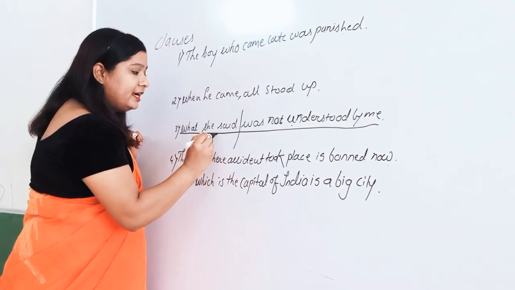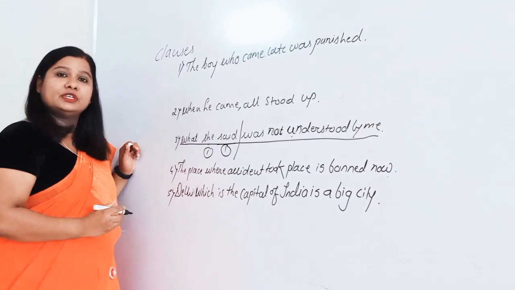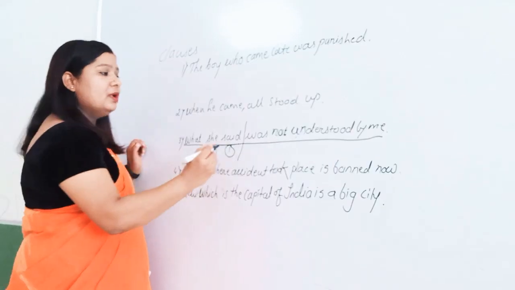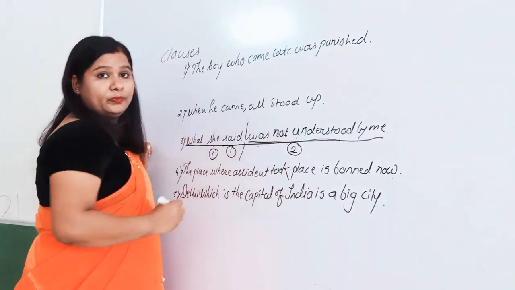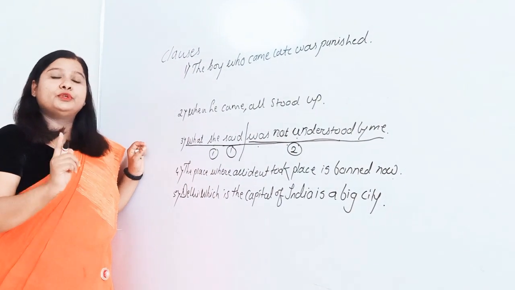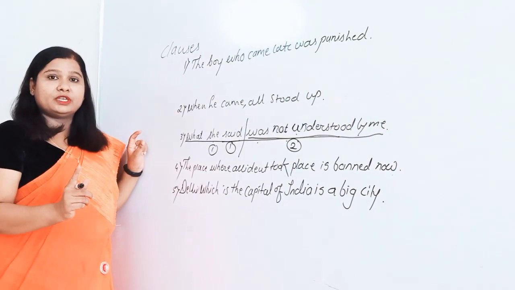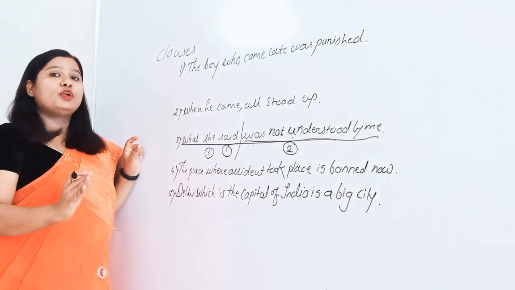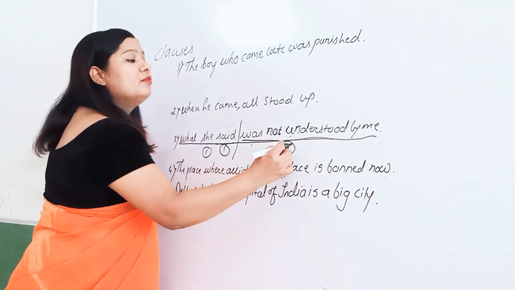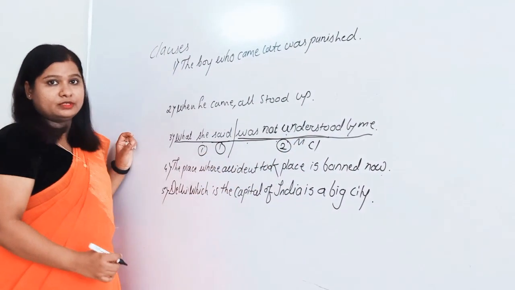Now we will move towards the second verb. So said is the first verb and what is the second verb? This phrase, was not understood. It means if you don't find a subject, you have to move towards the verb, and right from that second verb will be your main clause.